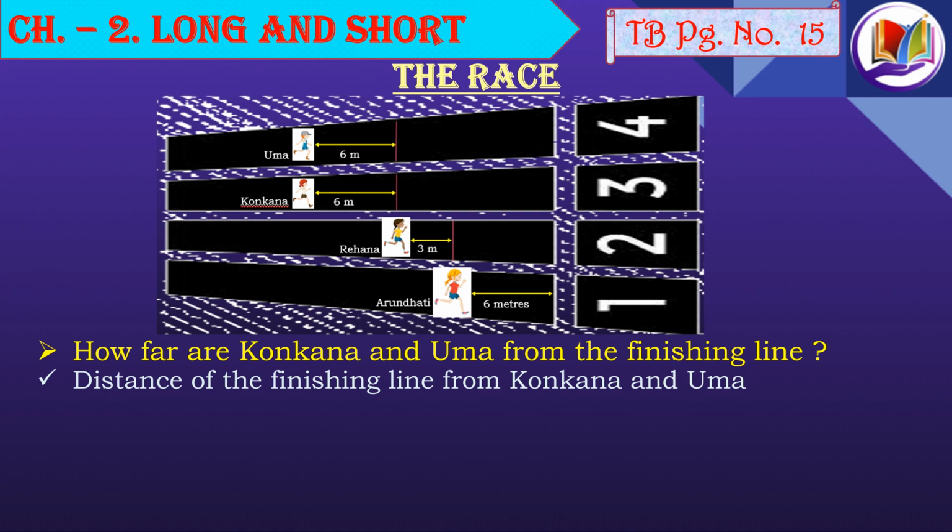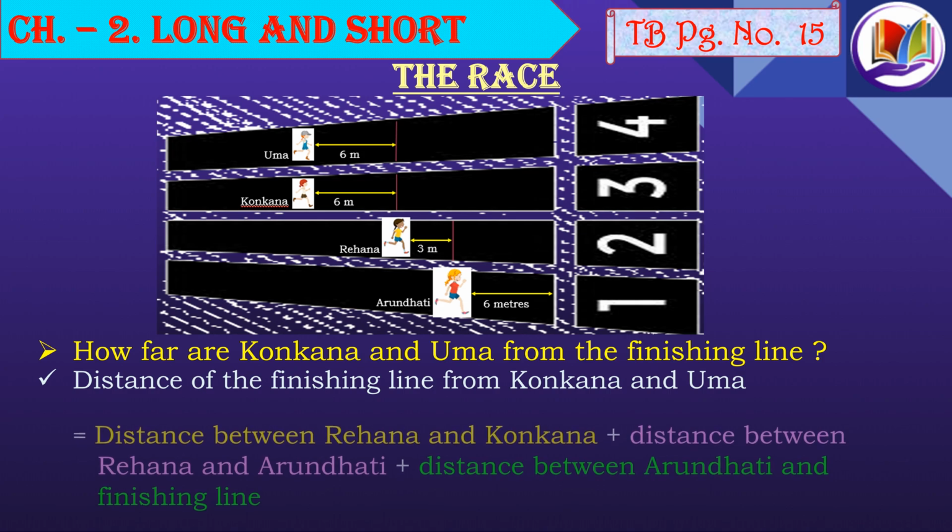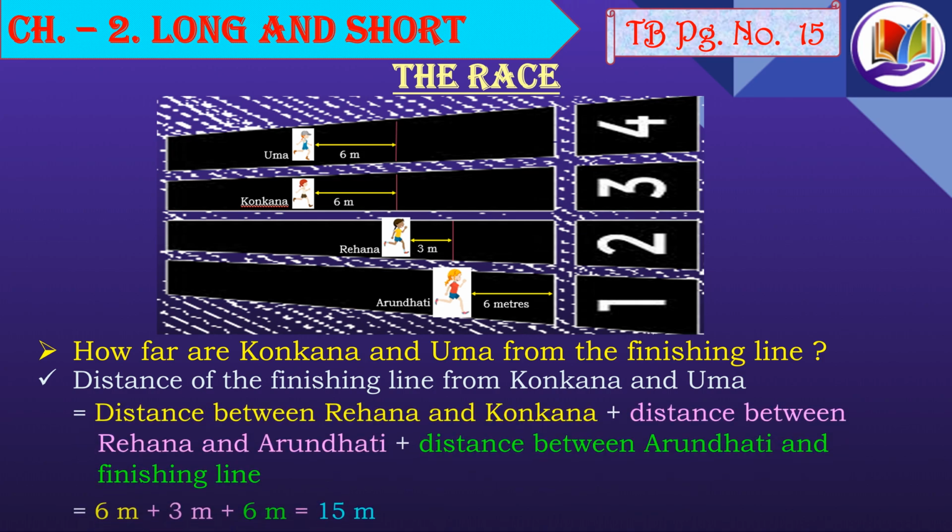To find out the distance of the finishing line from Konkana and Uma, we divide this answer into 3 parts. The first part is the distance between Rihanna and Konkana, which is shown in yellow color as 6 meter. The next is the distance between Rihanna and Arundhati, that is 3 meter, which I have shown in pink below.